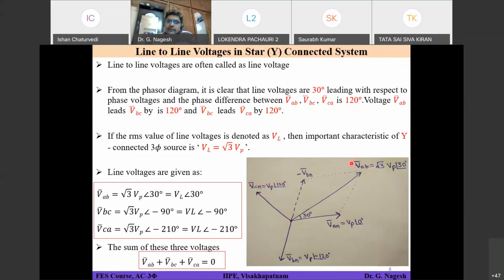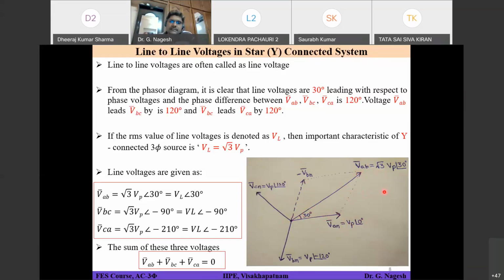You can also apply the parallelogram law. If this is VP, then root of VP square plus 2 into VP into VP into cos of the angle between these two. What is the angle between minus VBN and VAN? 60. Okay. So you can apply the parallelogram law, or substitute your phasor voltages and calculate.